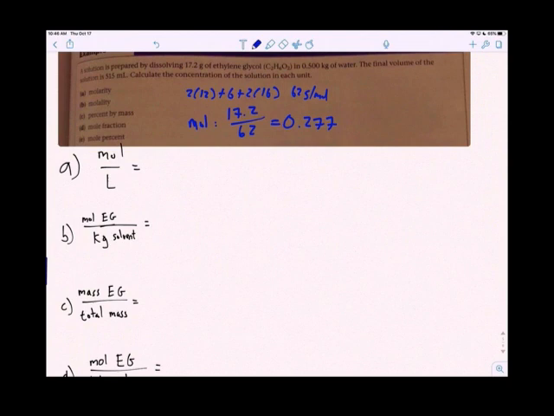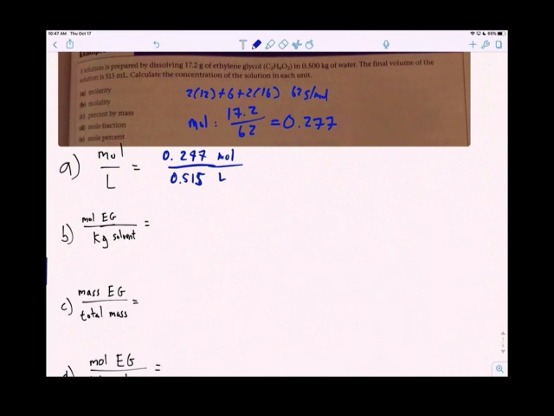The first one is moles per liter. Ethylene glycol is 62 grams per mole, and 17.2 grams is 0.277 moles. So the moles per liter is 0.277 over liters, which is 0.515.